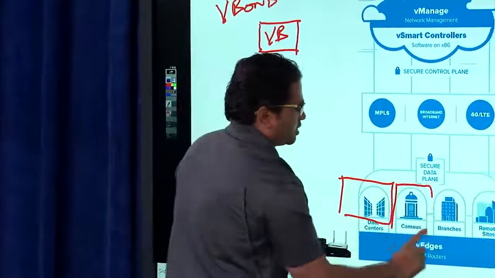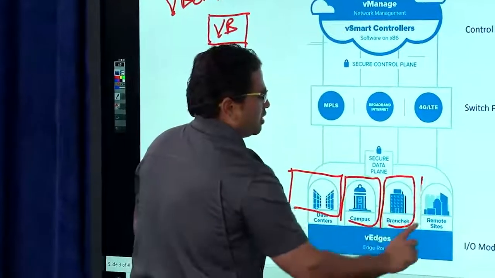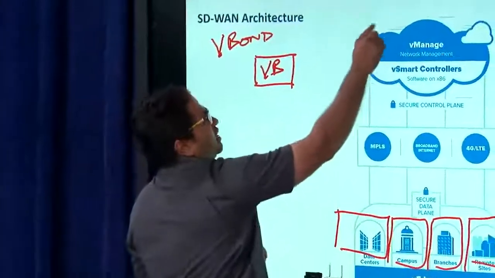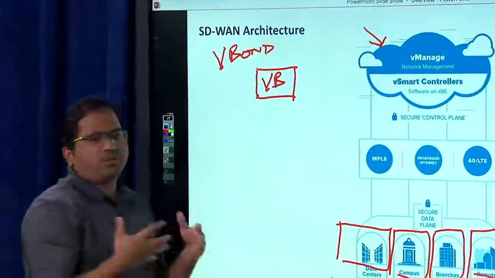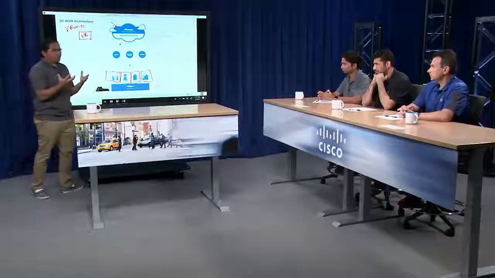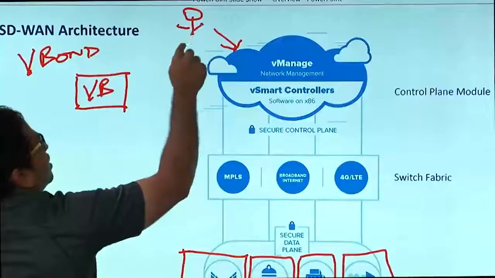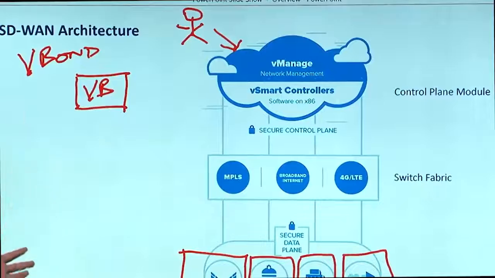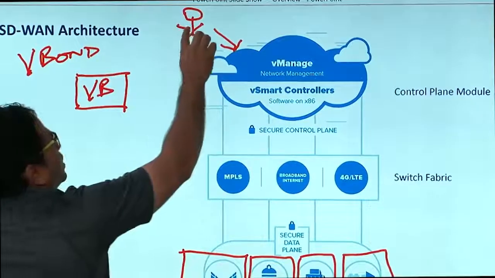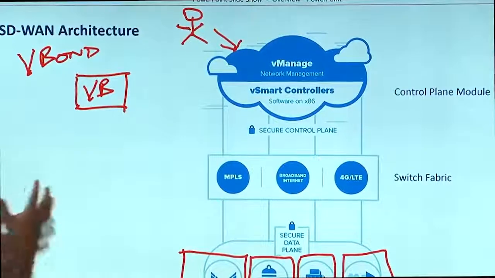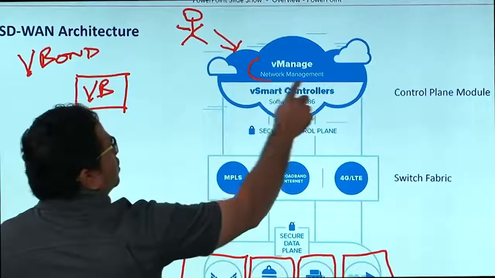So what comes up first in a network that is SD-WAN capable? Essentially, you want to bring up your vManage first, your NMS platform, because who is bringing up your network is your network admin. So the network admin's view of the network, design of his or her network is driven through the NMS.